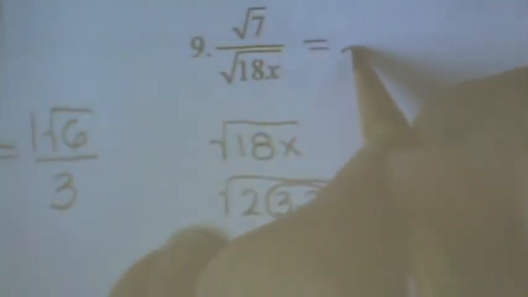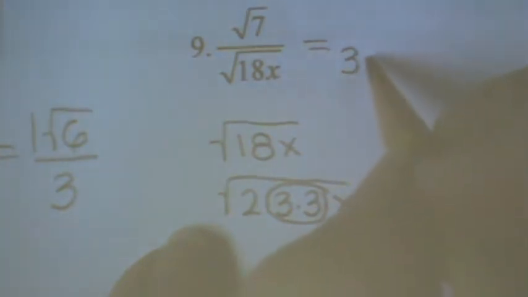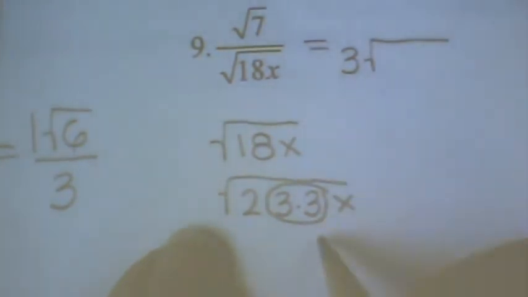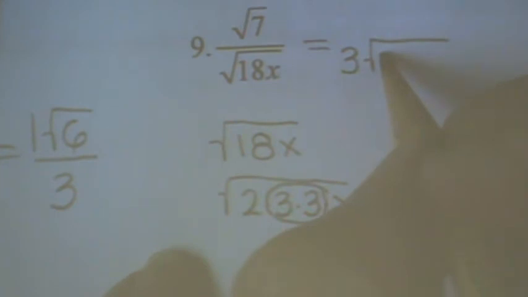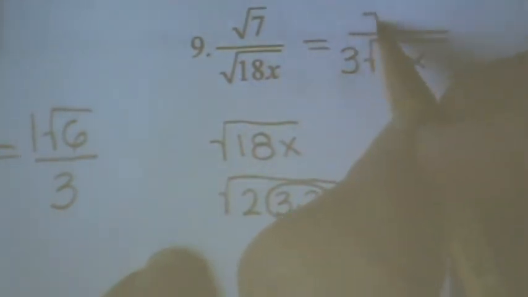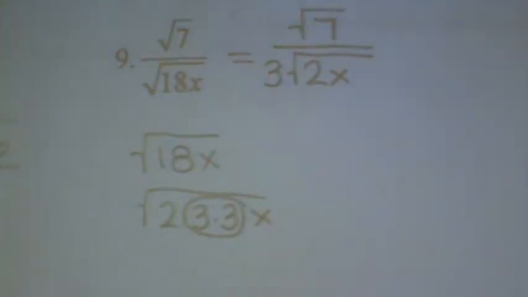So in the bottom, we've got a 3 that's ready to come out, and what's left is the 2x. Are we all on board with what I just did? We had a group of 3s that came out.